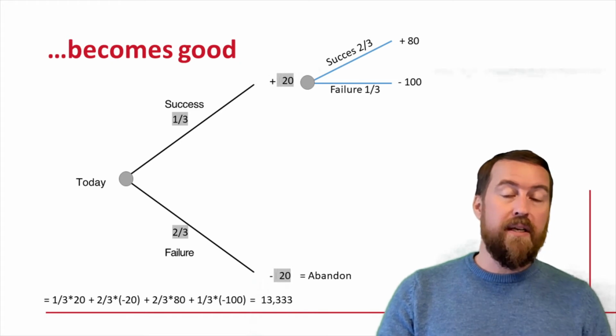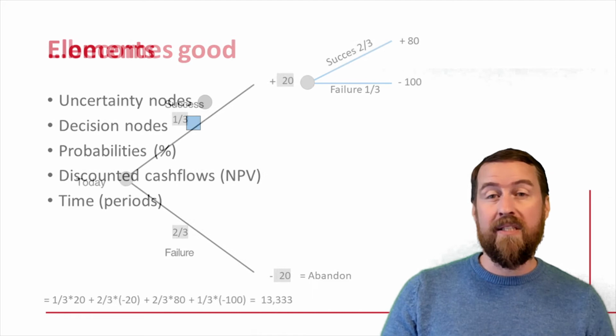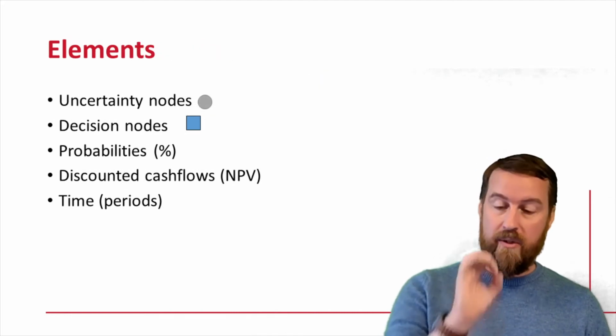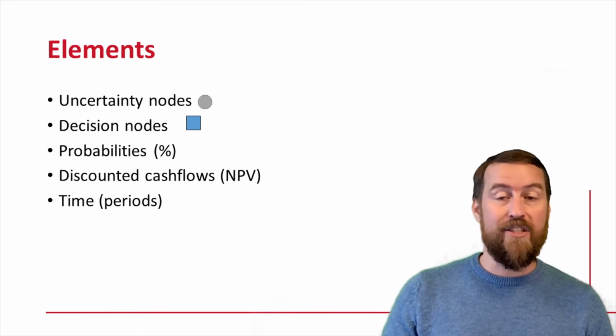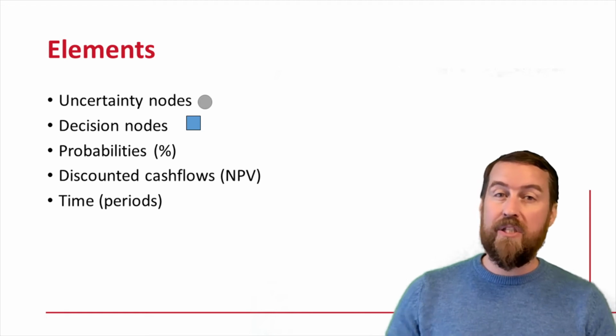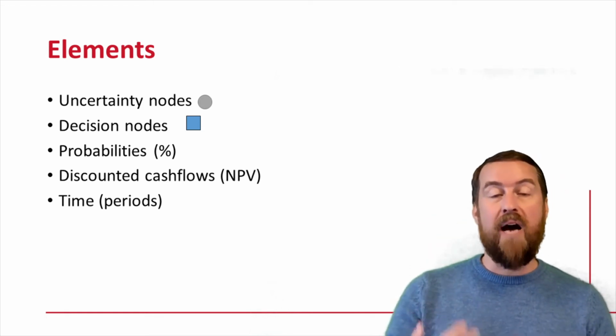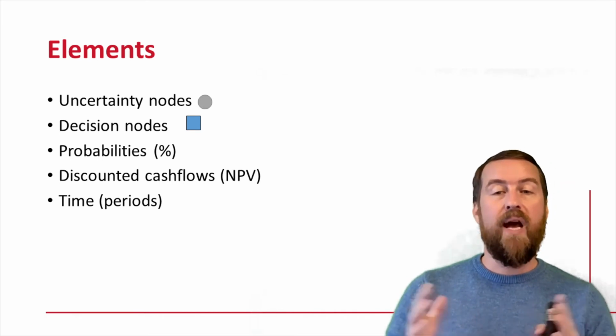When we do these decision trees, there are a number of elements. Here's what's called the uncertainty nodes, shown as gray circles, decision nodes, blue squares. We add some probabilities for each of them. We have some discounted cash flows going back, and then we have some time.